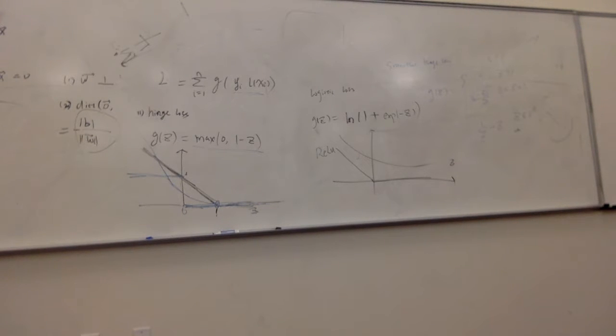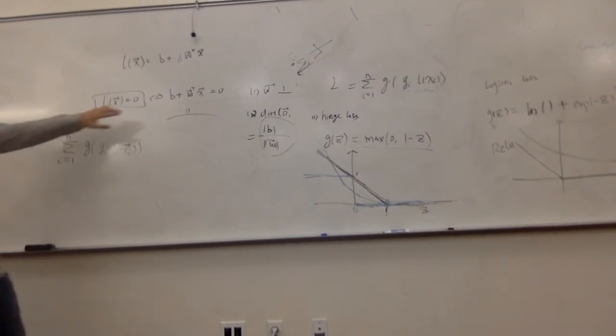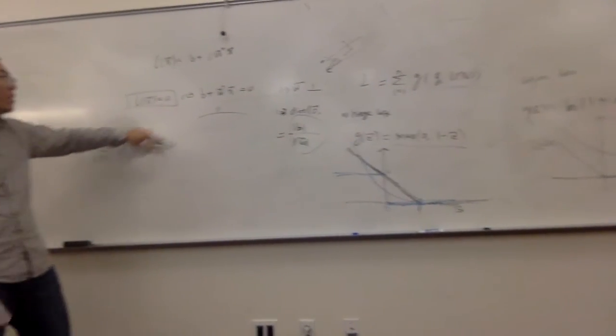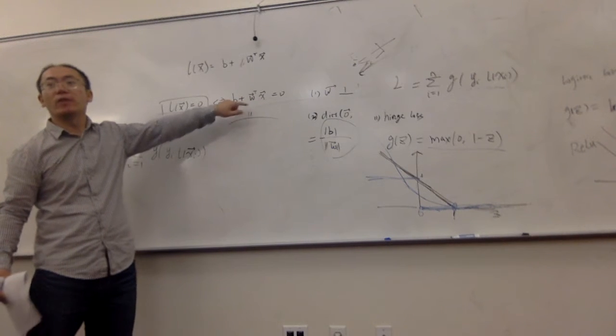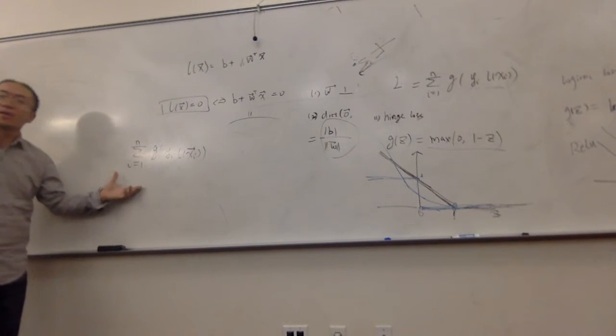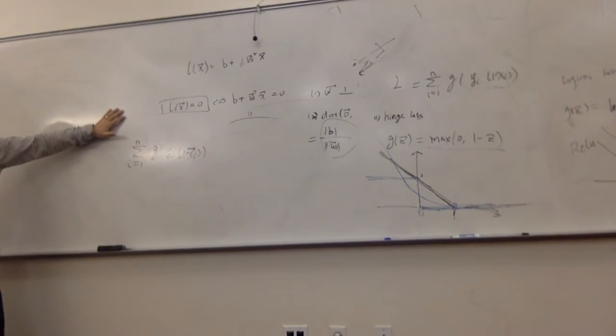For each instance, we compute the loss of the product yi times our classification function value. Because these are functions of b and w, since the loss couples b and w here, we minimize this loss and can obtain the best w and b.